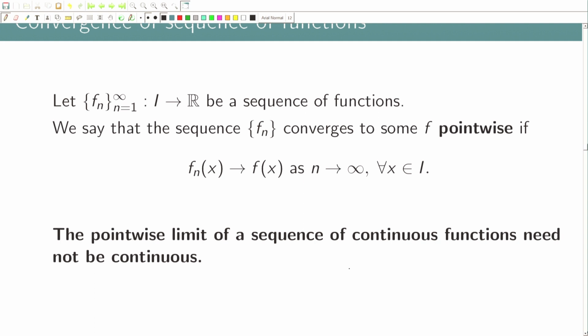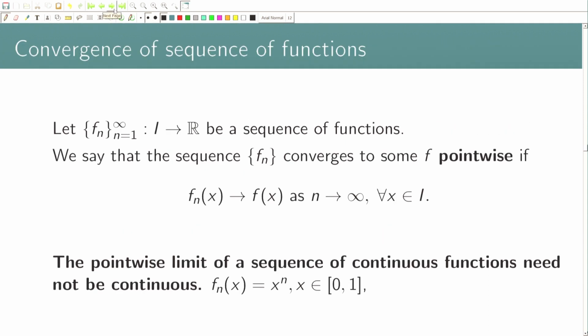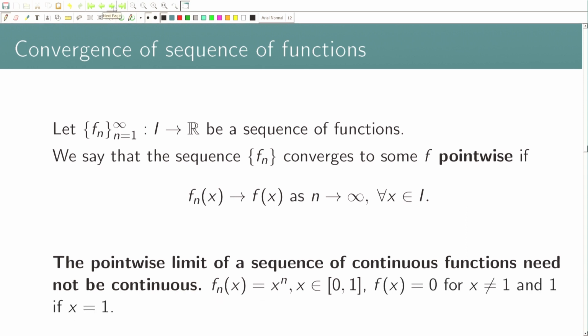If you take f n of x equal to x to the power n, where x is in 0 to 1, then this converges to 0 as n goes to infinity if x is not equal to 1, because in that case x is less than 1, therefore x to the power n will converge to 0.